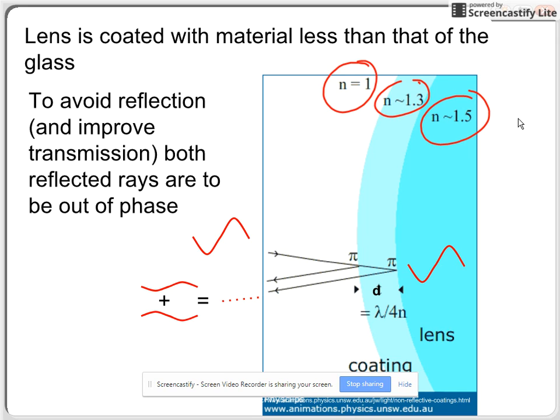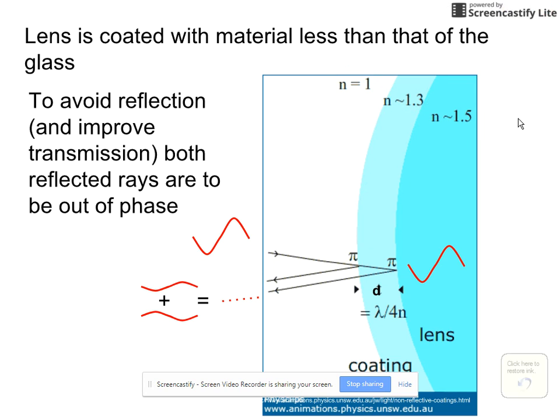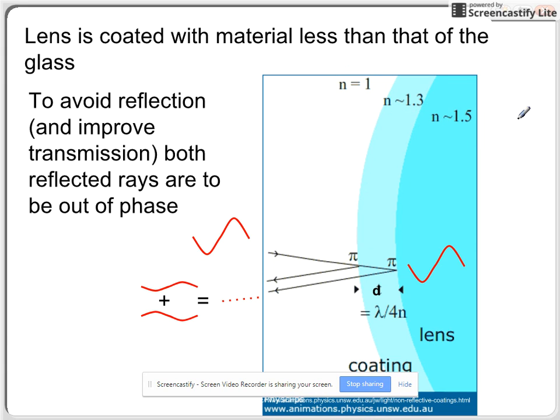What that means is that your incident wave coming in undergoes a phase change of pi on the outside surface because it's going into a more dense material, and also this time on the second surface because it's a more dense material on the second reflection.